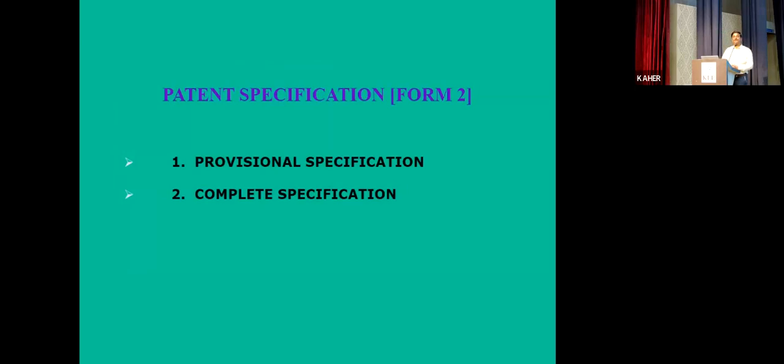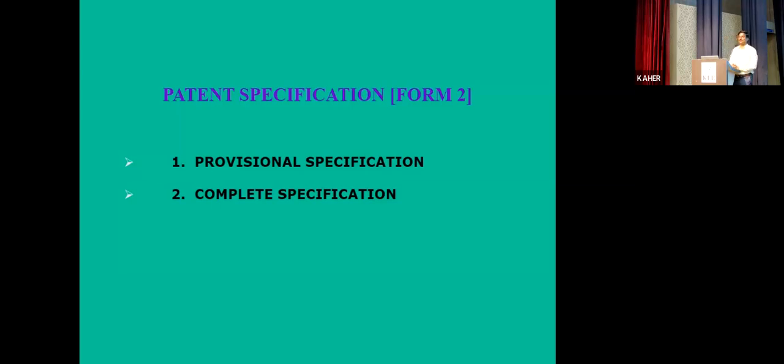So what you need to do, you write your idea in 1 or 2 pages and file an application that is called a provisional patent application. But keep in mind, provisional will never get a grant. So within 12 months, you need to file a complete specification, that is form number 2.